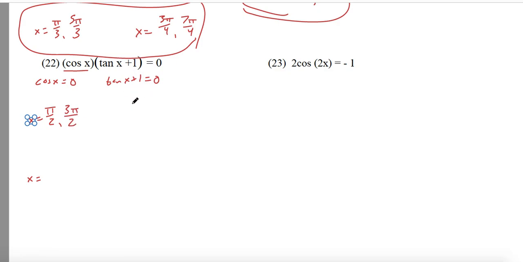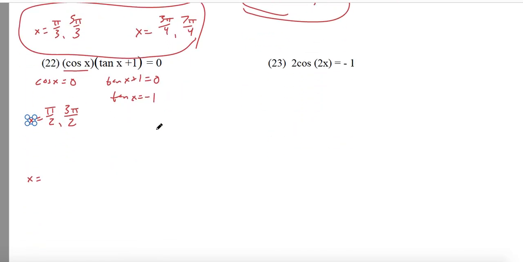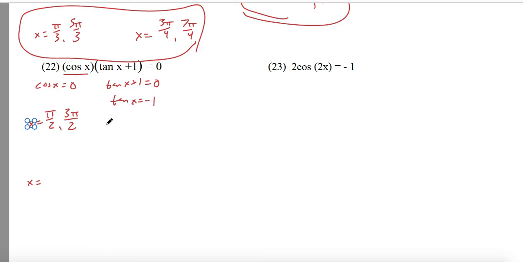And then for this one, we've got tan x equals -1. And tangent is -1 in quadrants 2 and 4, pi over 4 angle there. So we've got 3 pi over 4 and 7 pi over 4. So x equals all of those right there. Pi over 2, 3 pi over 2, 3 pi over 4, 7 pi over 4.